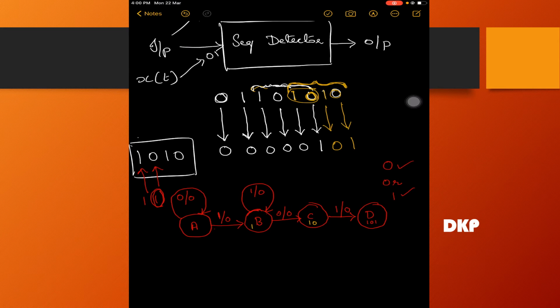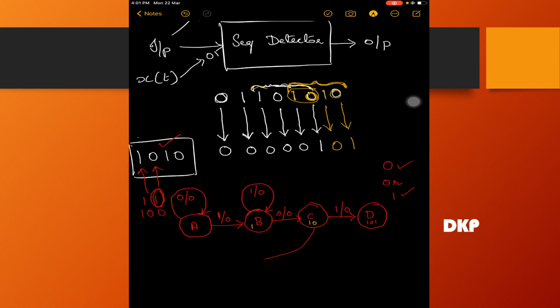But when the C state receives a 0 instead of 1, what will happen? The sequence that we get here is 100, which doesn't match with our required sequence. The required sequence is 1010, but this 100 doesn't match with the required sequence.